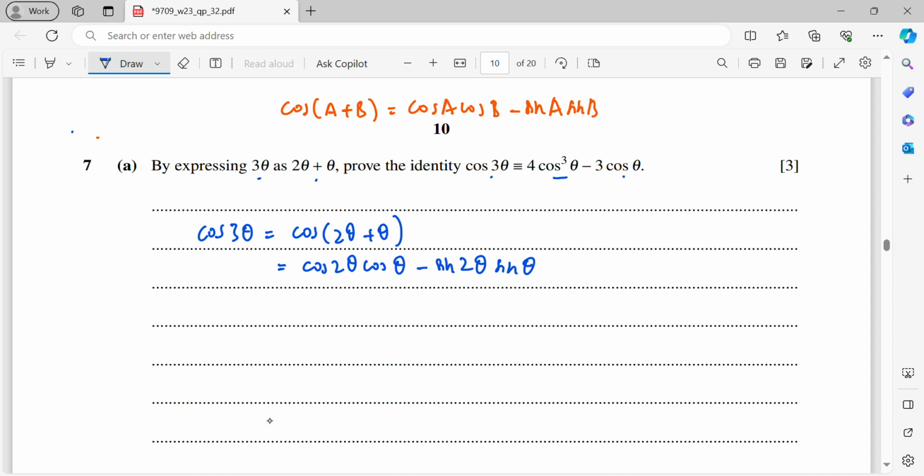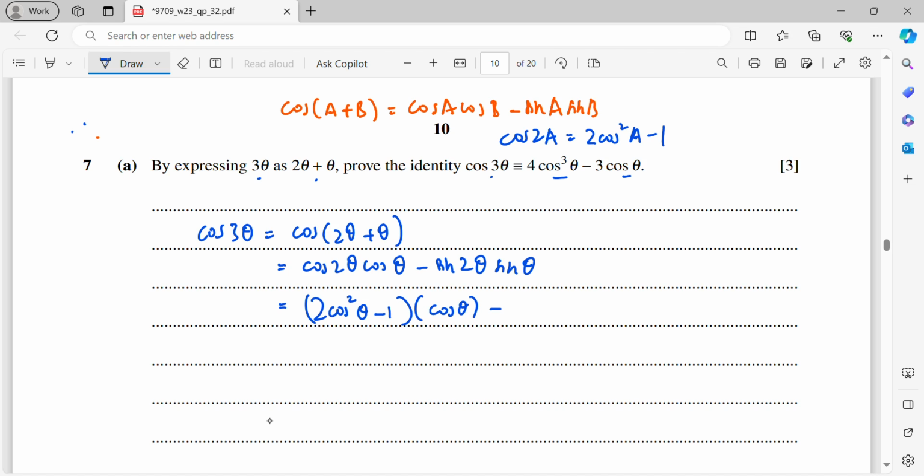And now we need to prove the answer in terms of cos θ. Therefore, we have to use the formula cos 2A equals 2 cos squared A minus 1. That means here is going to be (2 cos squared θ minus 1) multiplied with cos θ.